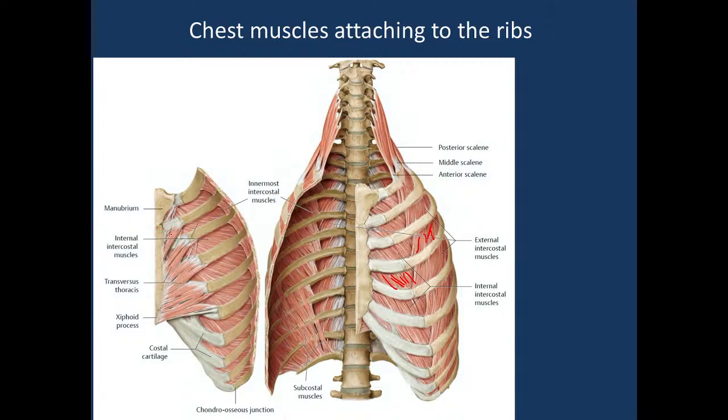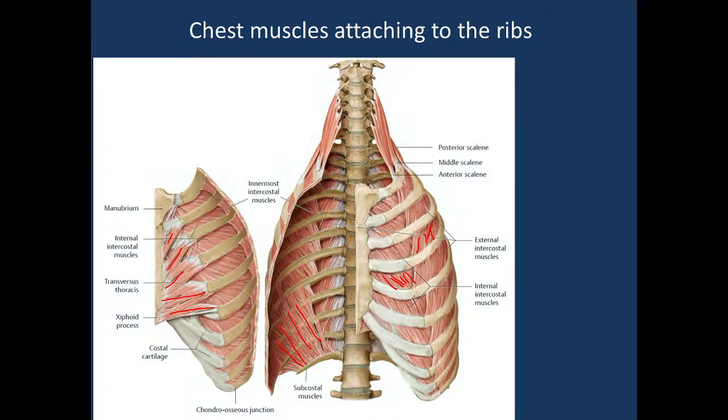As well as the transversus thoracis muscles, that is some of the parts or strips of these muscles located in the internal surface of the anterior chest wall. And also subcostal muscles. They pull ribs down and help people to expirate.